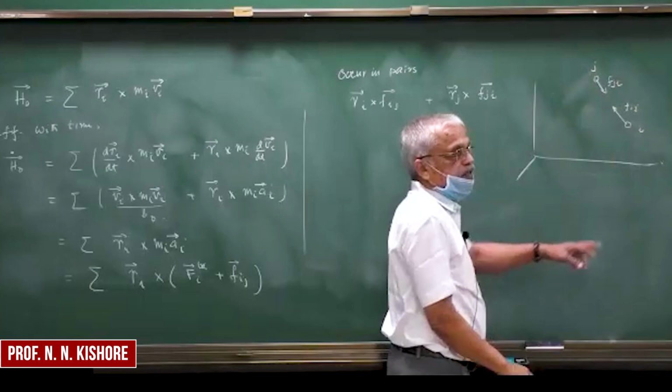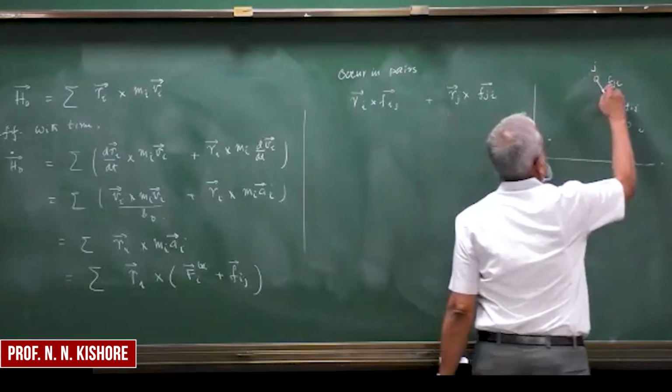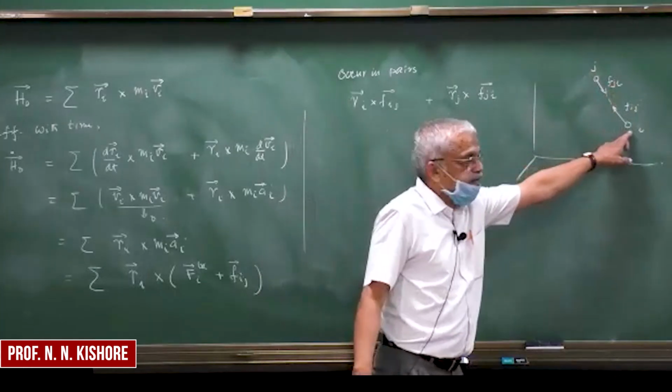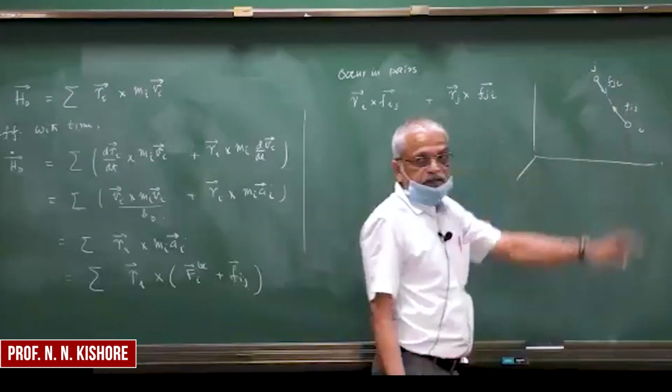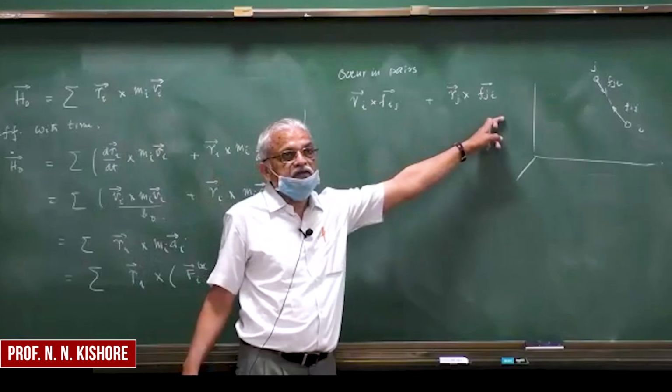So this is the jth particle and this is the ith particle. We show that the total contribution is 0.